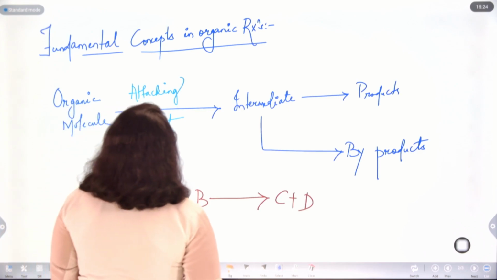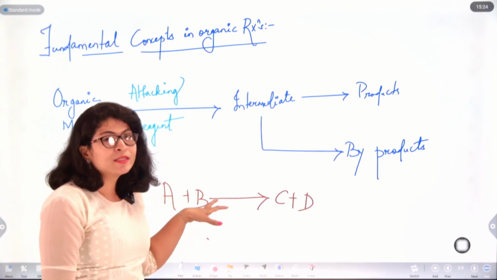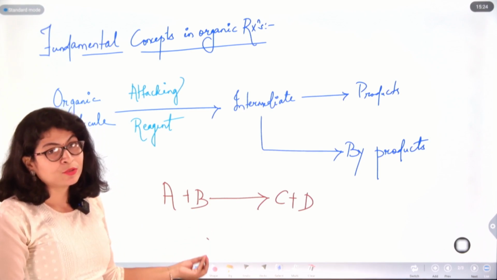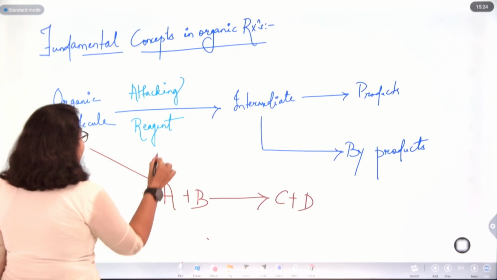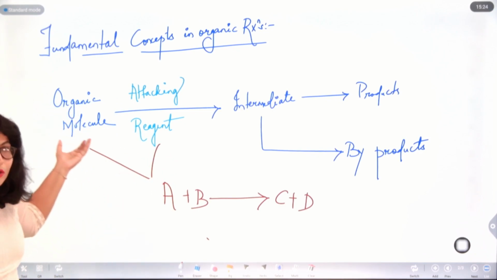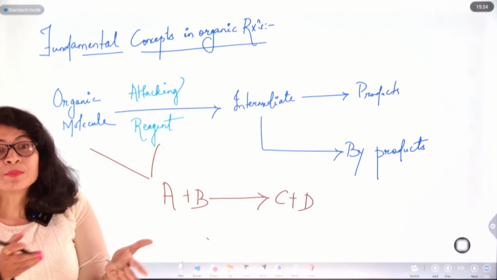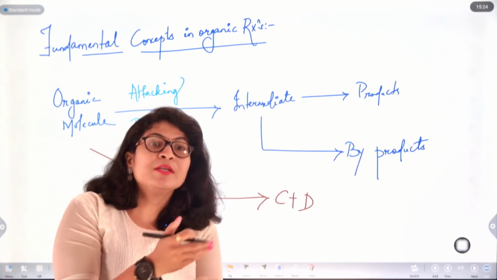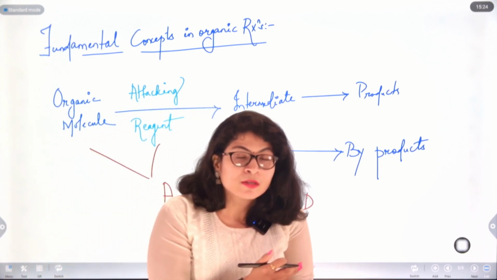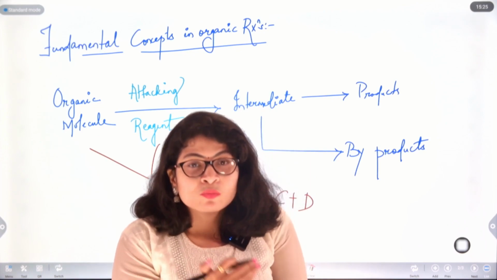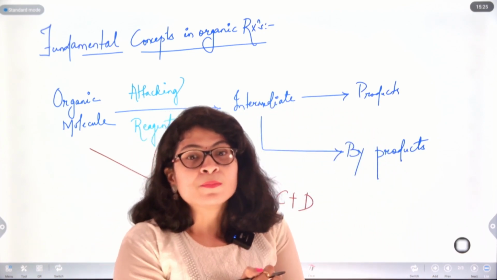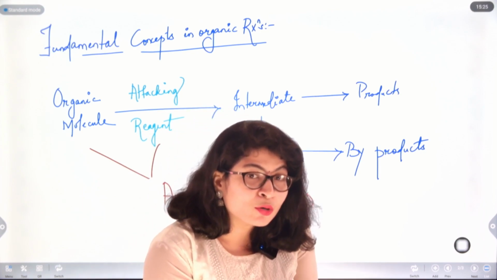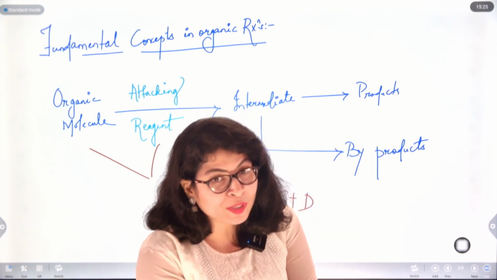Here I am just assigning specialized names to my reactants. Reactants in organic chemistry can be classified into two categories. One is the organic molecule, which is known as the substrate, and the other is the reagent. Now what is the substrate? Substrate is that part which is under study, which is important to us, or that part of the compound which donates its carbon for forming the bond.